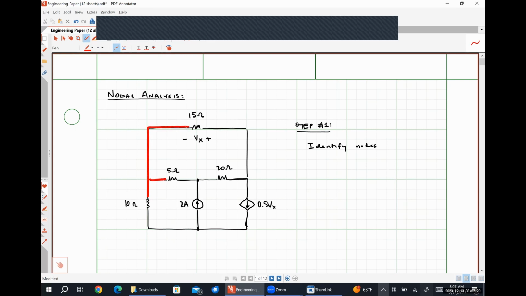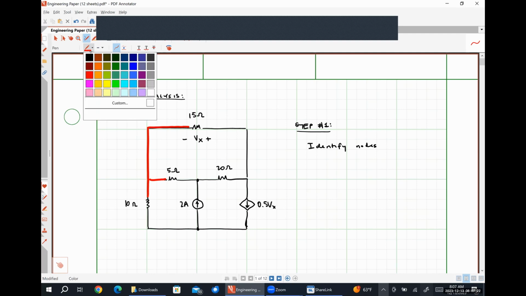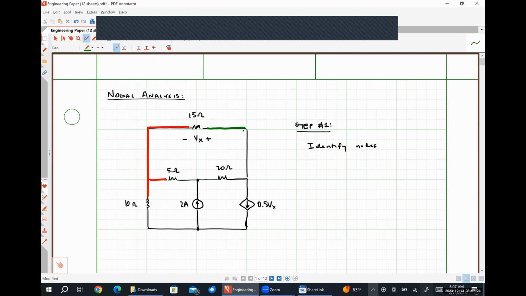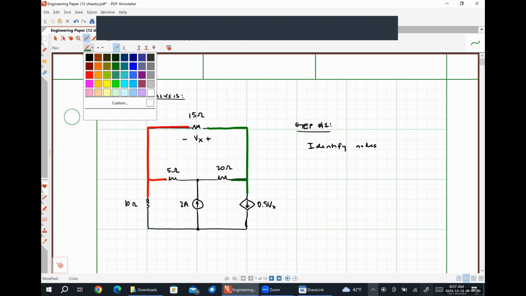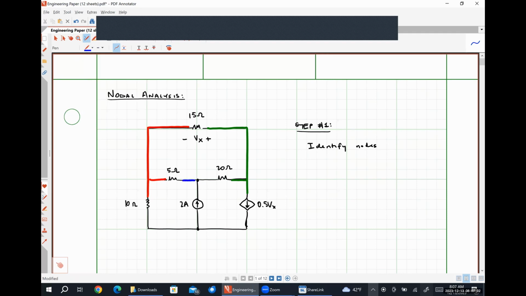So I have this red node at the top left. I have a green node here at the top right. I have a blue node here in the middle. And I'm going to put a pink node on bottom. So that's all step one entails, is literally just identifying your nodes.